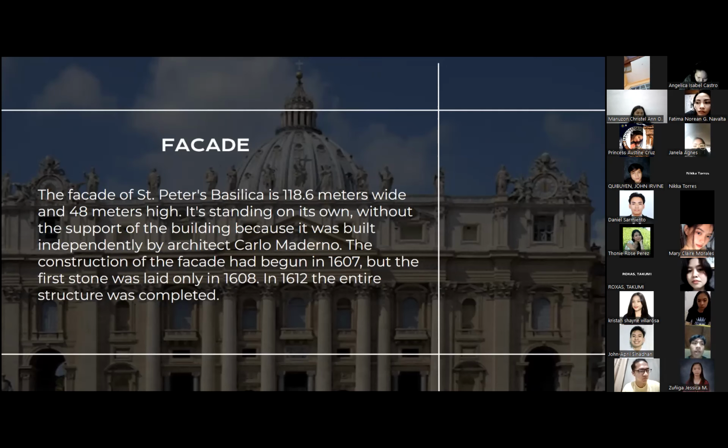So recall lang po din ulit natin yung si architect Carlo Maderno. Isa siyang Italian architect and pinanganak noong 1556. Tinagurian din po siya ng father of the Baroque architecture. Siya yung gumawa ng facade ng St. Peter Basilica at sa ibang pang-structure kagaya ng Santa Susanna and Sant'Andrea della Valle. Next slide po.